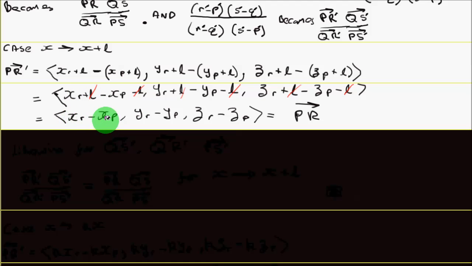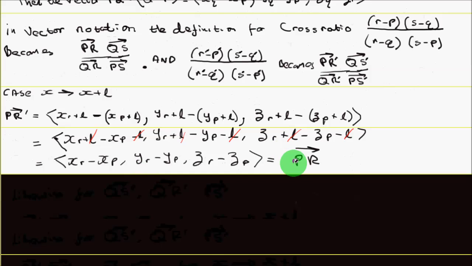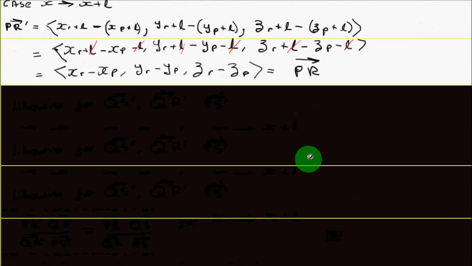What we're left with is the components of R minus the components of P, and from what we looked at earlier, that is the vector P to R. So for the case of x goes to x plus L, the primed vector P to R is equal to the unprimed vector P to R.